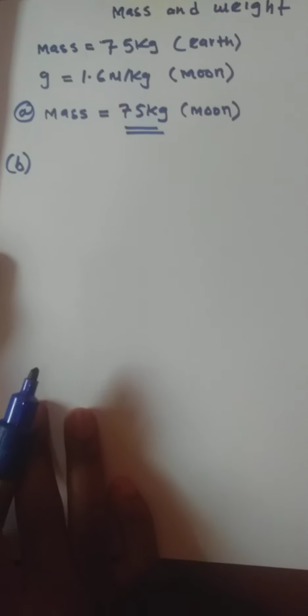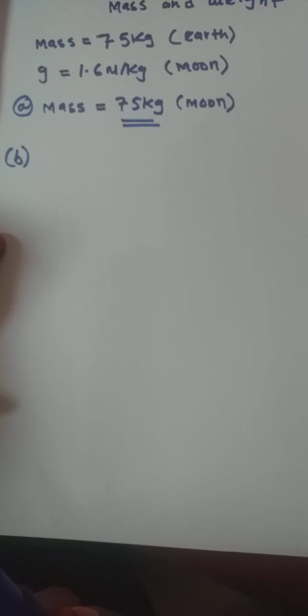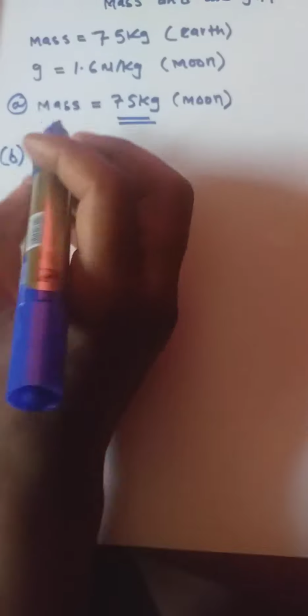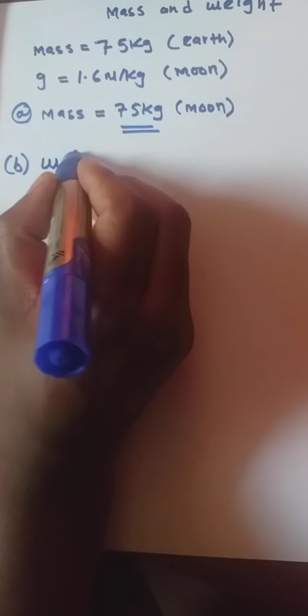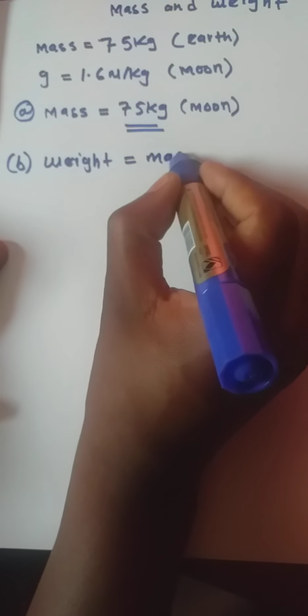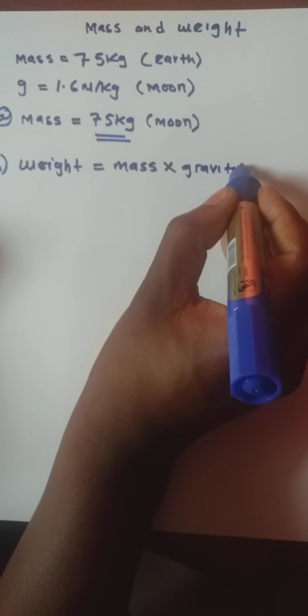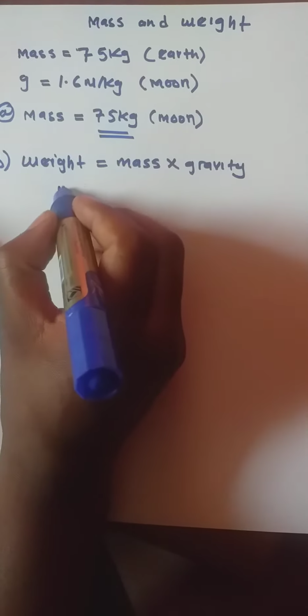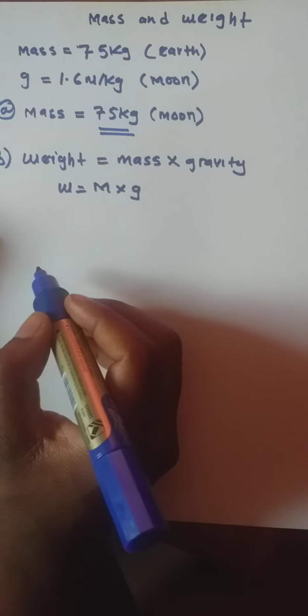Then coming to part B, the question says calculate the weight of the object on the moon. For weight, the formula is weight equals mass times gravity, which is simply W equals m multiplied by g.